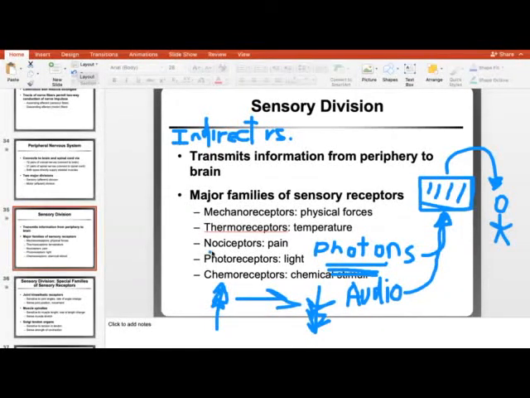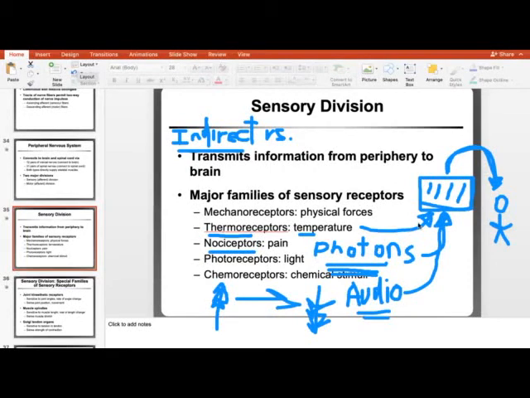Or I have these nociceptors, or I have temperature, and the temperature again goes into the brain and it does something with it. This is all called indirect perception, and it's indirect because I don't perceive these photons or the sound or the temperature. What I do is I receive that information, but only after the brain does something can I actually perceive it.